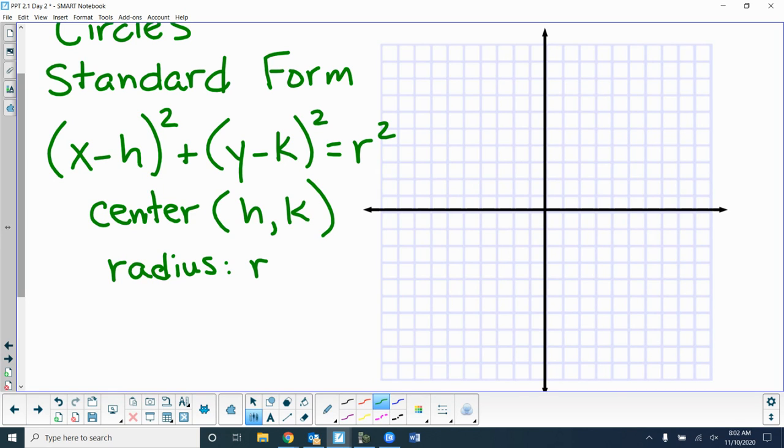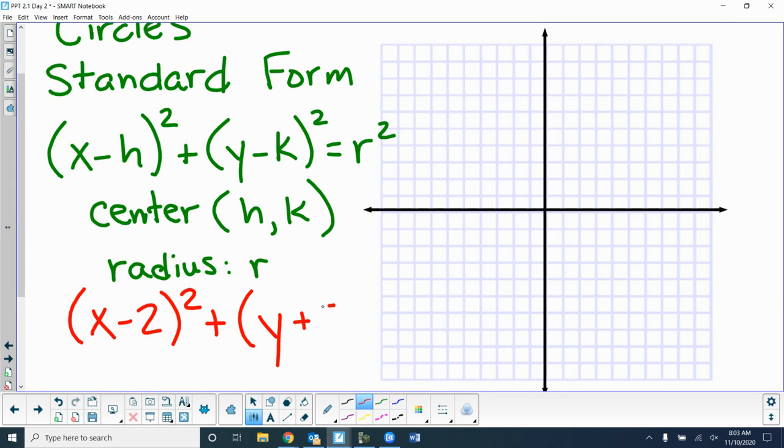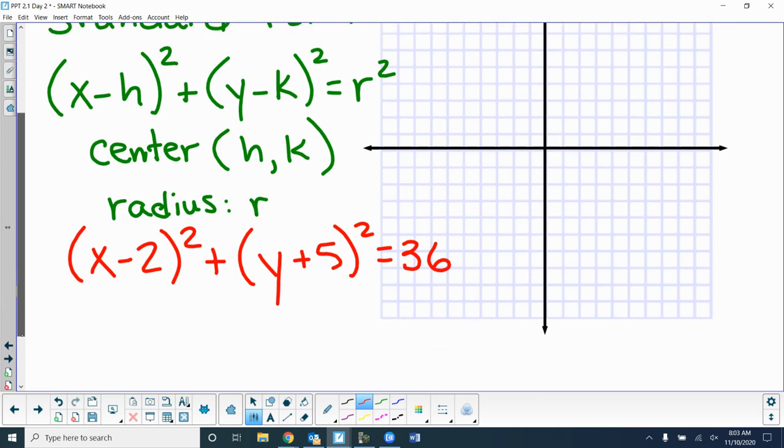So, if I have this equation, what's my center?